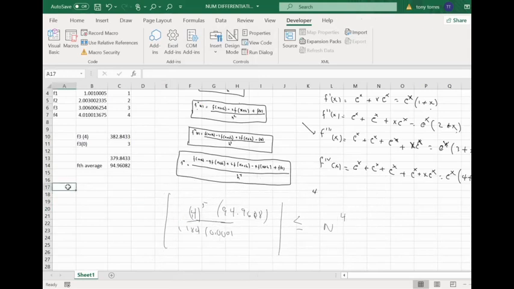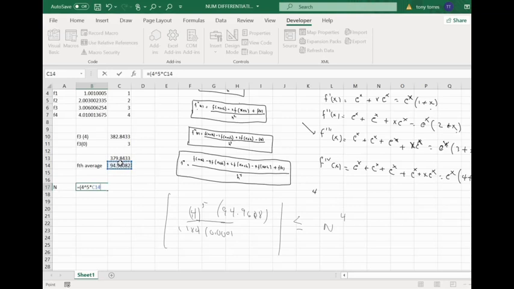So the value of n that I'm looking for equals, I'm going to put a parenthesis because I'm going to be getting the 1/4 here. So that would be 4 to the 5th times 94.9608. Actually, you can pick it here, it's more simple.